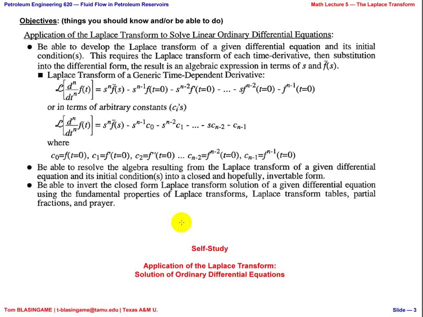We're going to talk about how to apply the Laplace transform to solve partial differential equations, and we're going to talk about some properties about the Laplace transform. All right.